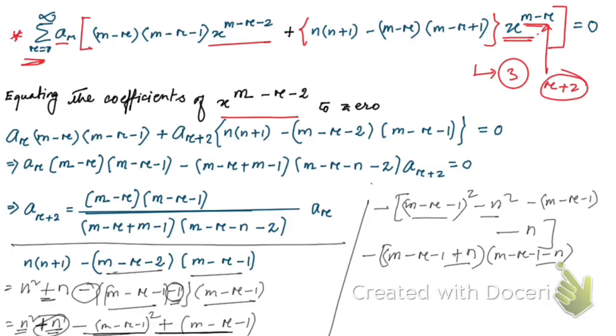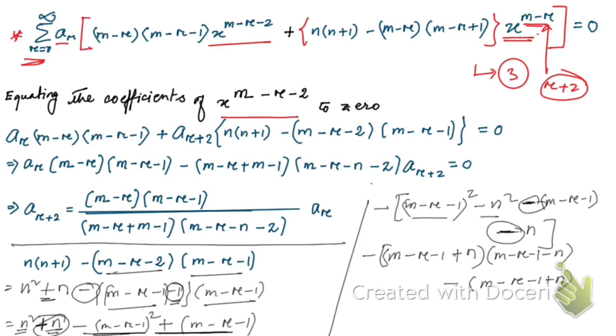This is plus n, this is minus n, right? We have applied a plus b into a minus b, a square minus b square, right? Then here you see from these two we can take the negative common, so we can write here m minus r minus 1 minus, sorry, it's going to be plus n on taking this negative sign common from these two terms, right? Hope you have understood this.